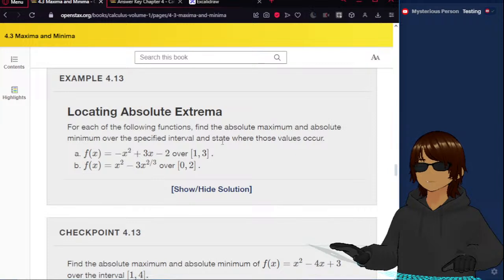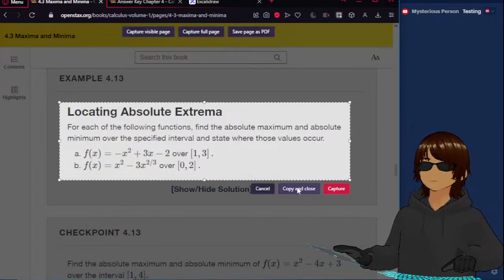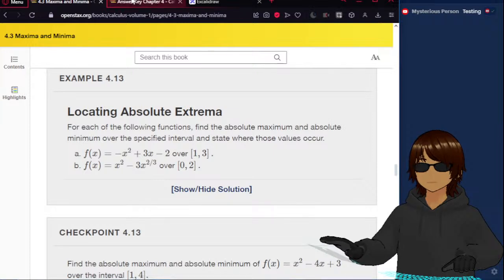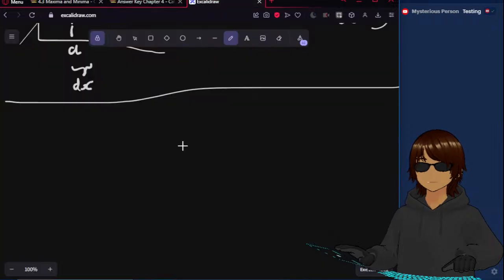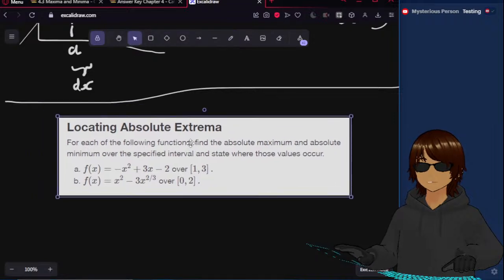Find the absolute maximum and absolute minimum over the specified interval. State where those values occur. Wait, hold on, sorry.